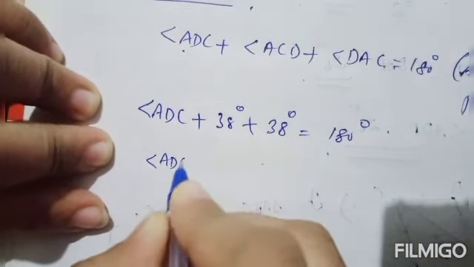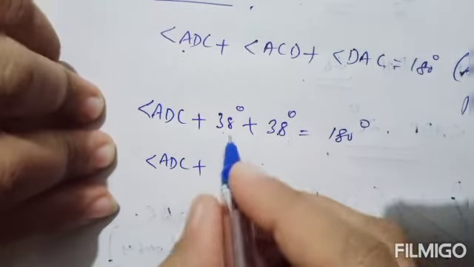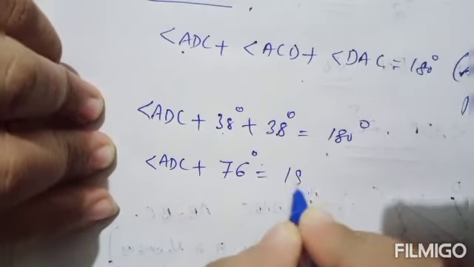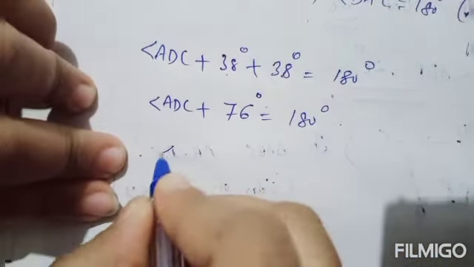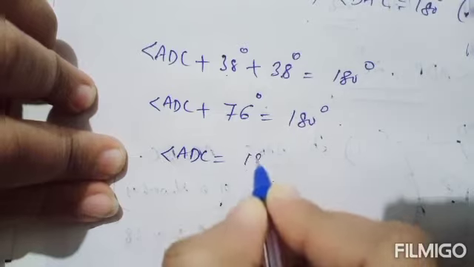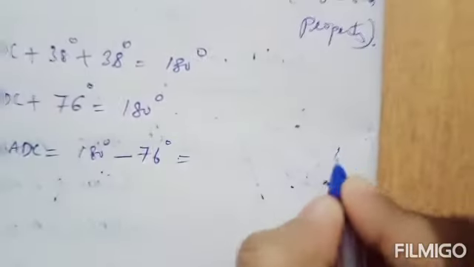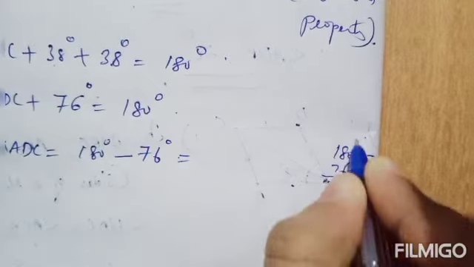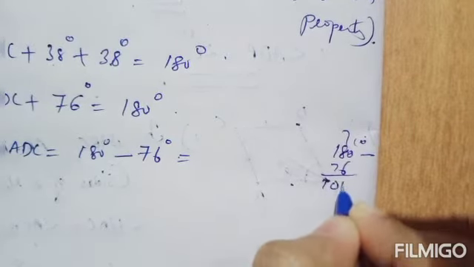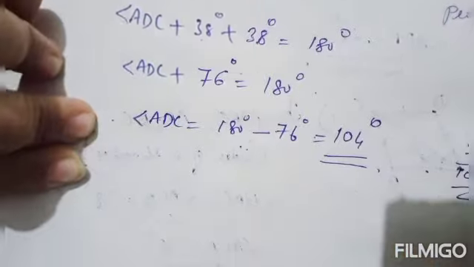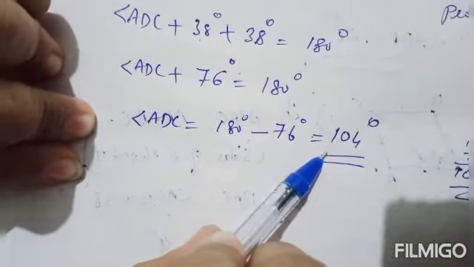Now angle ADC plus 38 plus 38, which is 76, equals 180 degrees. So angle ADC equals 180 minus 76, which is 104 degrees. This is the third answer.